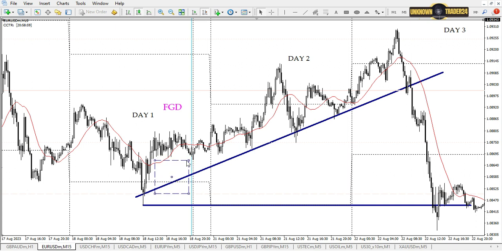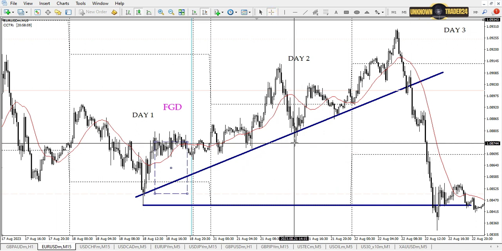So let's see. The first day they moved 25 pips. As you know, these boxes are made of 25 pips. Let me just try to show you. For those who are still new, this is 25 pips. So the first day they pumped the market 25 pips.